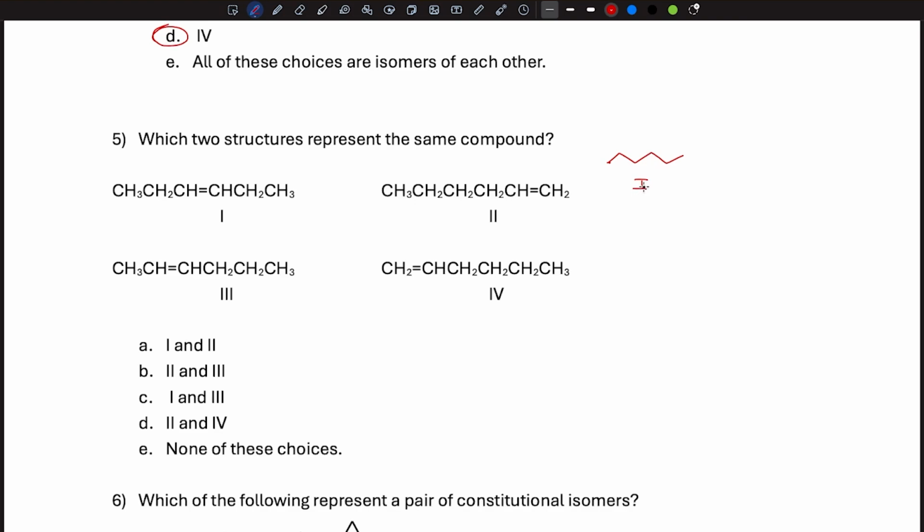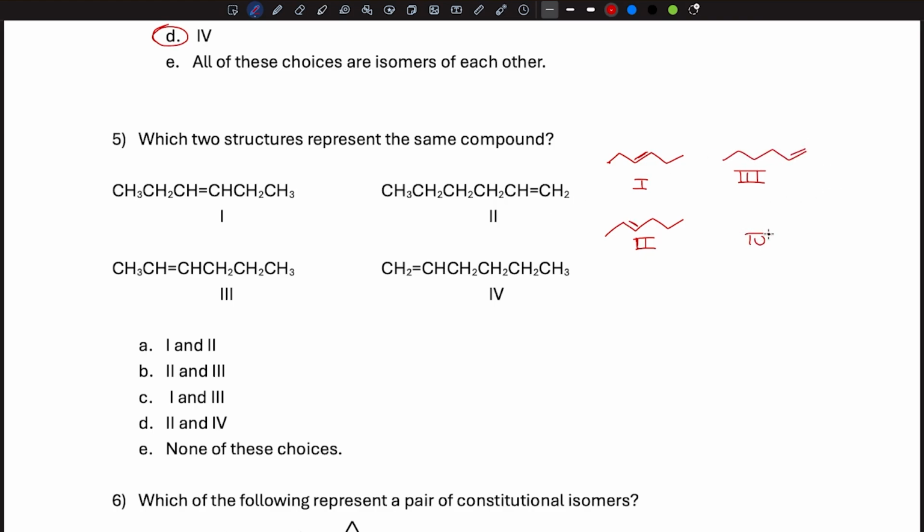This is structure 1. And so we have a double bond between carbon 3 and carbon 4 in the first one. Structure 2 is going to have a double bond between carbon 2 and 3. Structure 3 is going to have a double bond up to the last carbon.